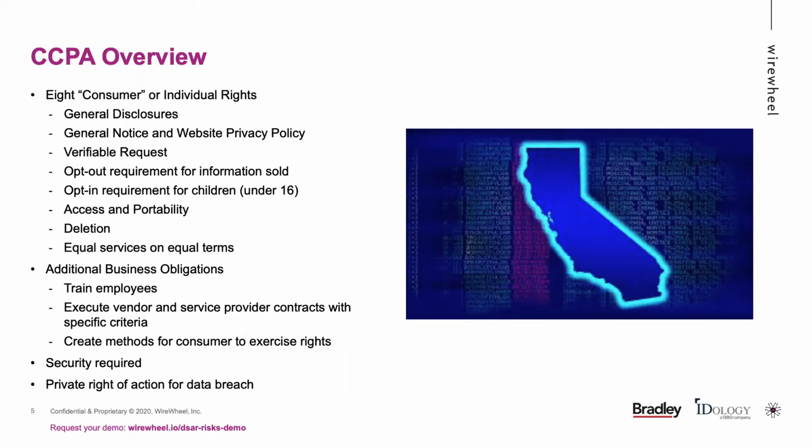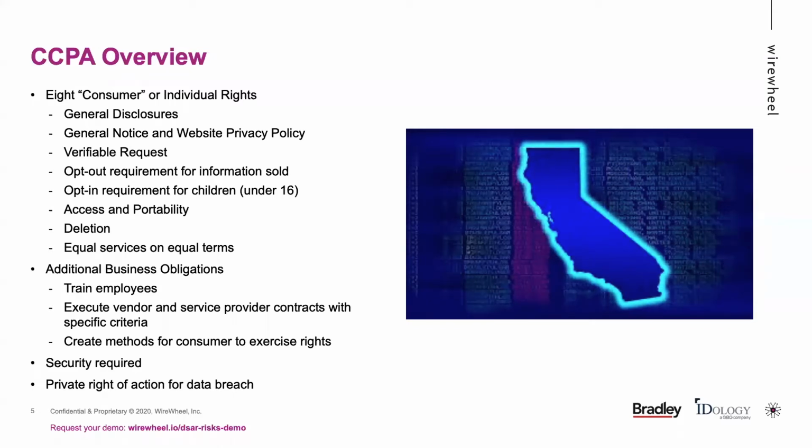There are different opt-out requirements for information that may be sold, and an opt-in requirement for children under the age of 16. There are access and portability requirements built into the statute as well. The right to deletion is part of a request that can be made. And then equal services on equal terms is also built into the statute.